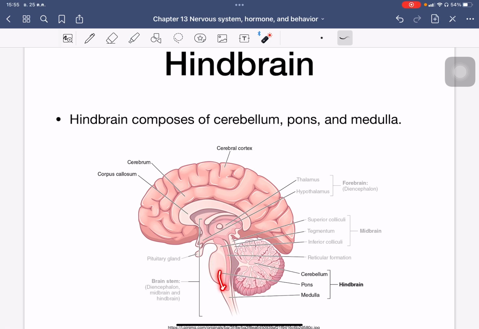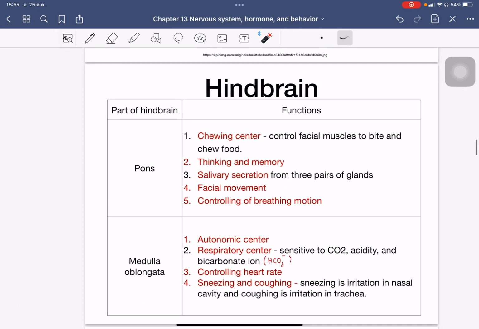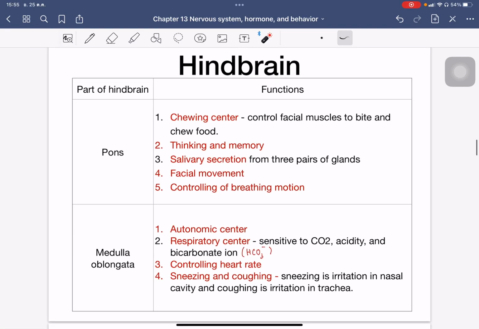Down here, connected to the pons, we also have the medulla. The pons takes control of the chewing process, using different facial muscles to bite and chew the food, and relates to thinking and short-term memory.